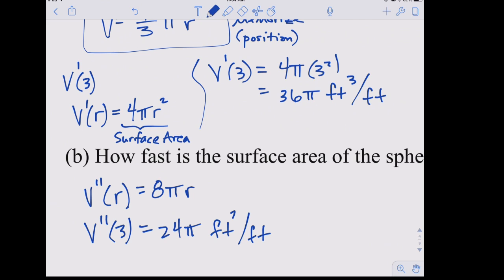We could just say this. Because the units come out to be feet. So we can say now the surface area is what? Increasing by 24 pi square feet per foot. So for every one increase of foot in the radius, or decrease, I guess, because it's getting smaller, we were going to lose 24.